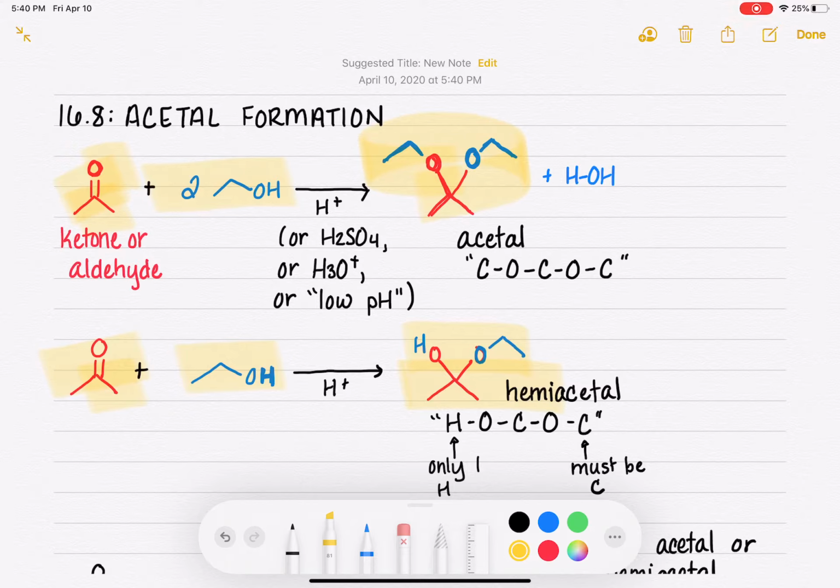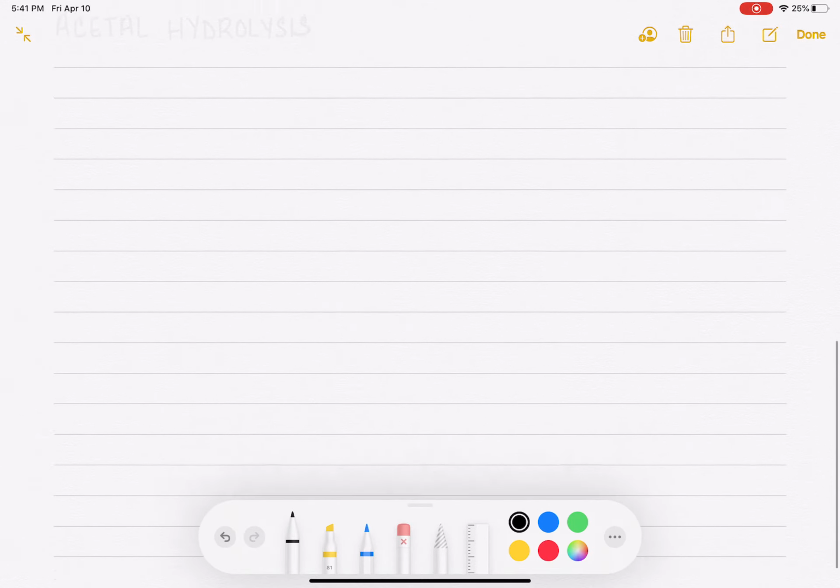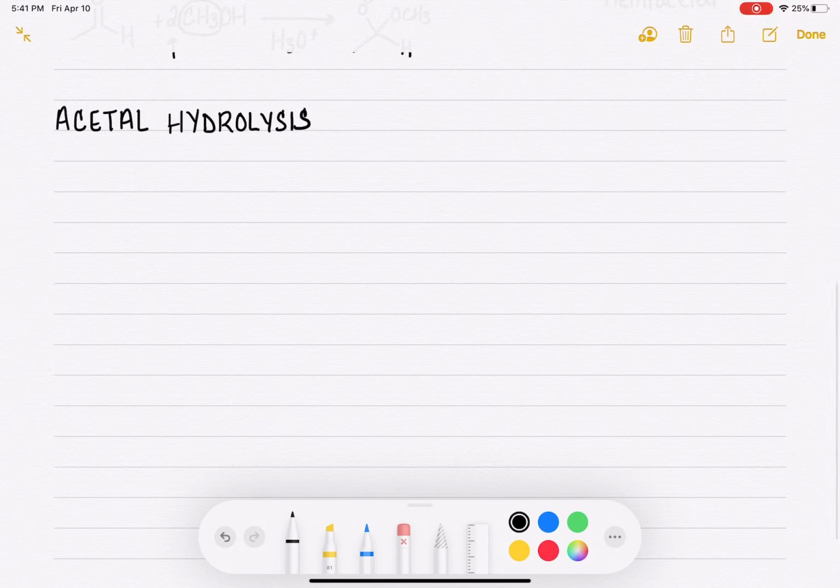Now, since we have seen this reaction in the forward direction with these specific examples, I'm going to do the hydrolysis reaction using these exact same examples because we know exactly where we're supposed to be going with this reaction. So for the hydrolysis reaction, I am going to use the same acetal that we made in our example.